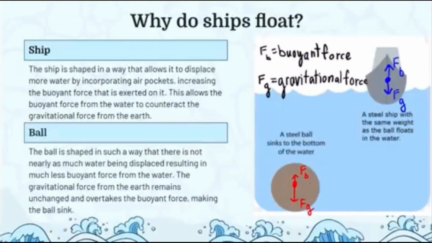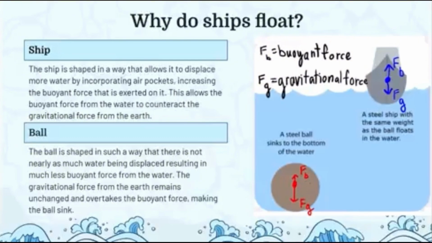So they do this with different design features such as air pockets that will allow it to take up more space essentially in the water without increasing the weight of it. Whereas this steel ball here has the same weight, but it doesn't have those design features, so it will sink straight to the bottom.